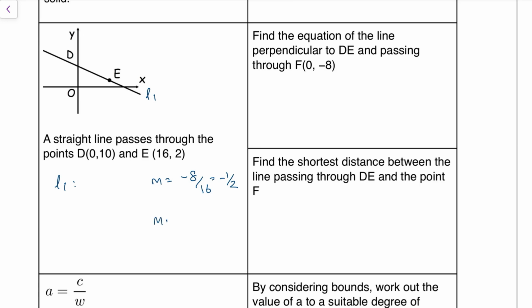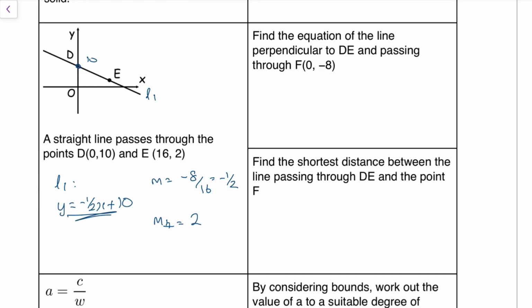Which means the perpendicular gradient is going to be plus 2, because it's the negative reciprocal. I change the sign, turn it upside down. I can also write down the equation of L1 while I'm at it. Because it goes through 10, L1 is y equals minus a half x plus 10. I may or may not need that, but I've got that ready anyway.